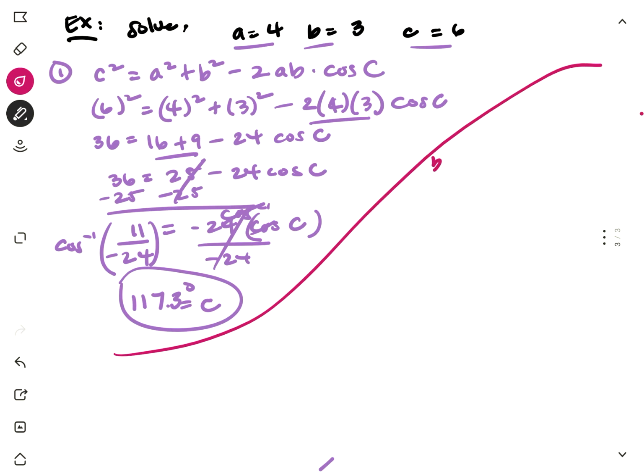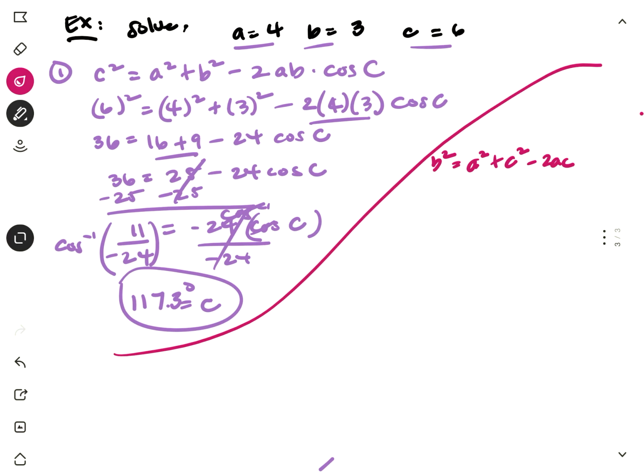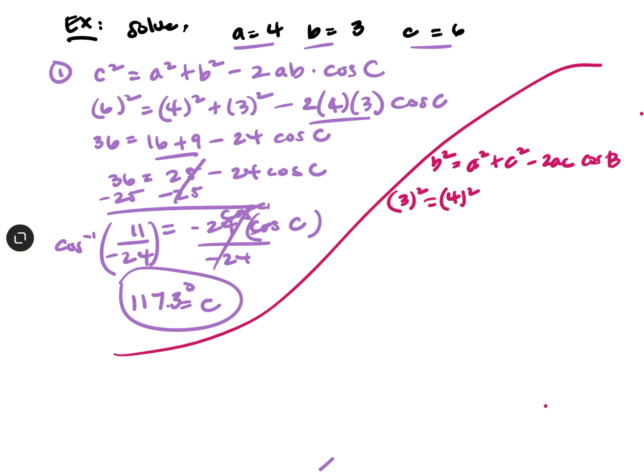We're going to do b squared equals a squared plus c squared minus 2ac cosine capital B. And we're going to plug our stuff in again, so we get 3 squared equals 4 squared plus 6 squared minus 2 times 4 times 6 cosine B.